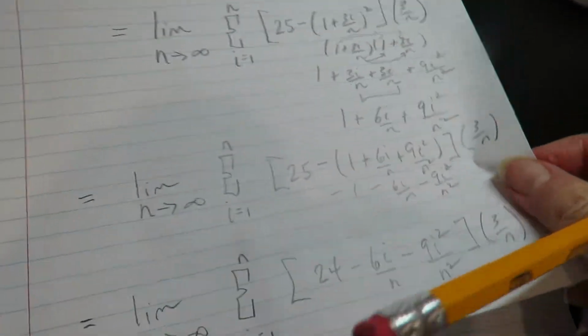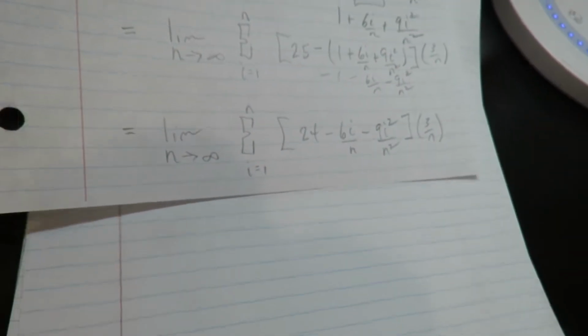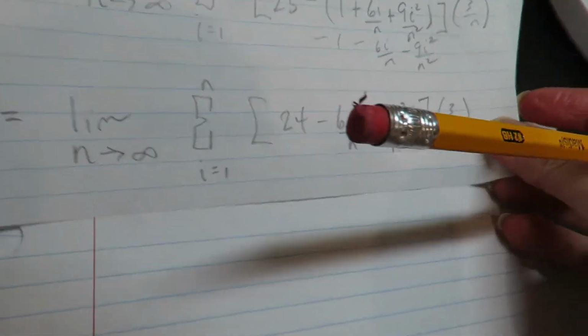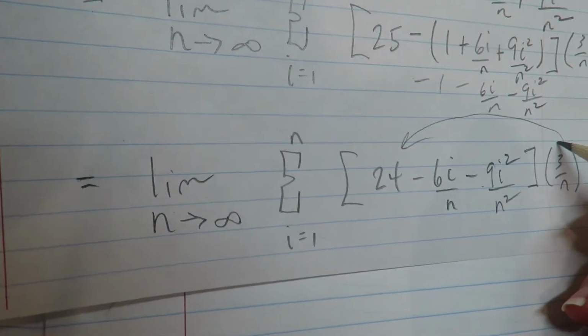Alright, now we're going to distribute in the 3 over n to every term.